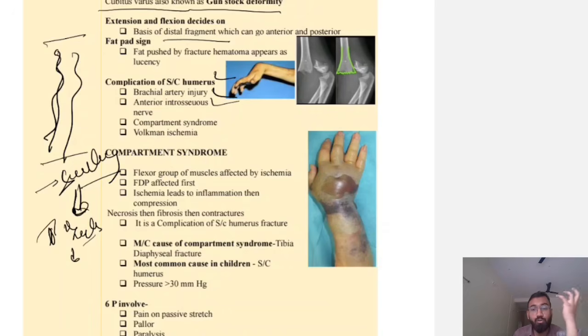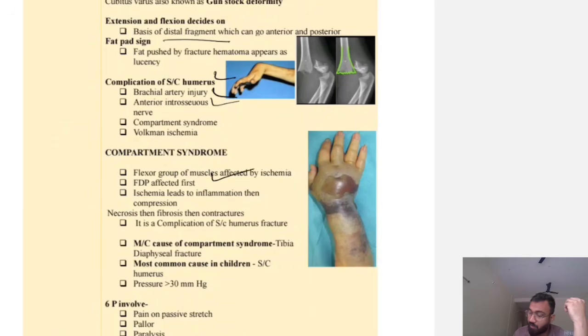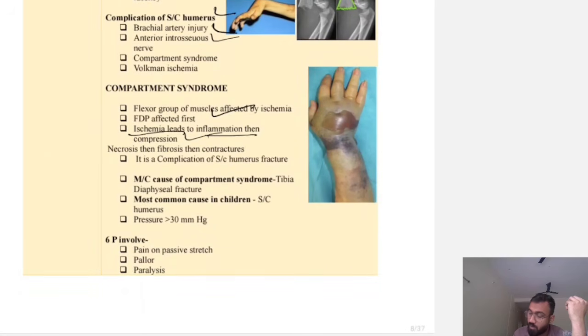So in very few cases, all the flexor group of muscles are affected by ischemia. Okay, the FDP is affected first, flexor digitorum profundus. It causes the ischemia, which leads to inflammation, then compression, which causes the necrosis, then fibrosis, and ultimately it leads to contracture.